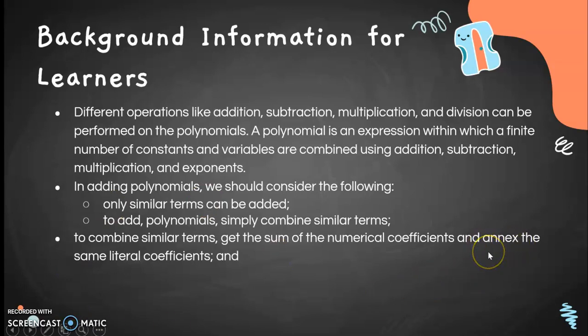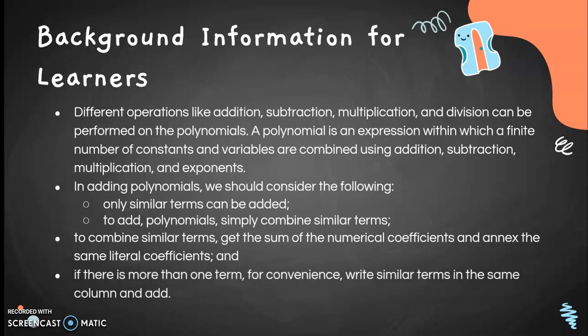The other word for annex is affix, or we just copy it. We don't bring anything else. As long as the literal coefficient is the same, we just copy it. Literal coefficient means the variable and also the exponent. Okay, and if there is more than one term, for convenience, write similar terms in the same column and add.